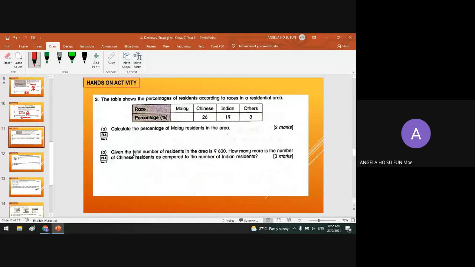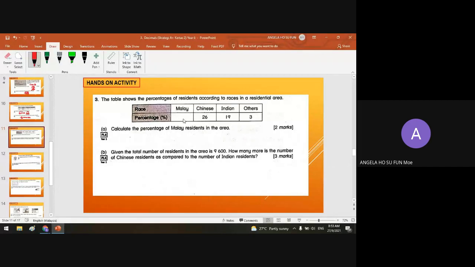Next, question number 3. This table shows the percentage of residents according to the races in the resident area. Malay, they didn't show how many percent. Chinese, 26%. Indian, 19%. And others is 3%. A, calculate the percentage of the Malay.